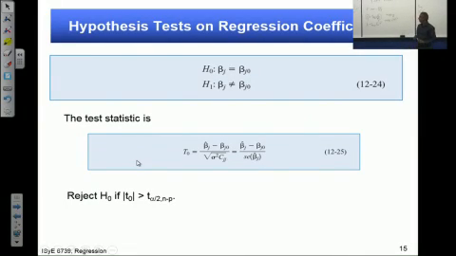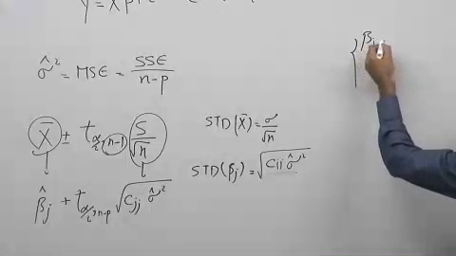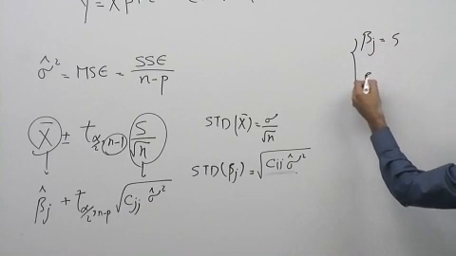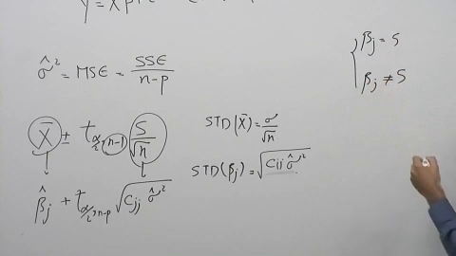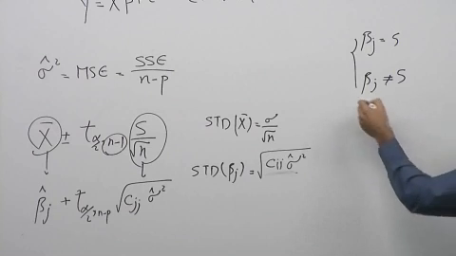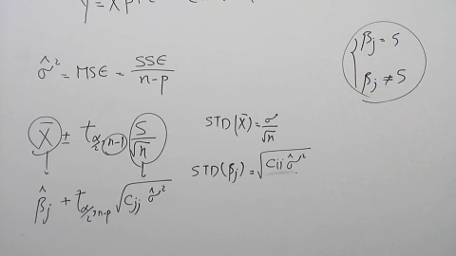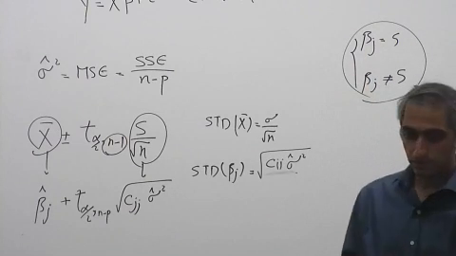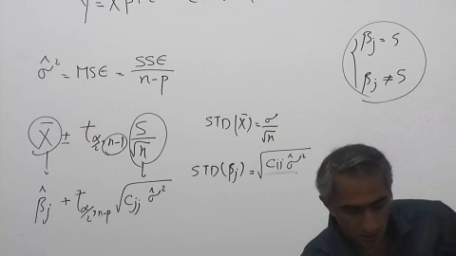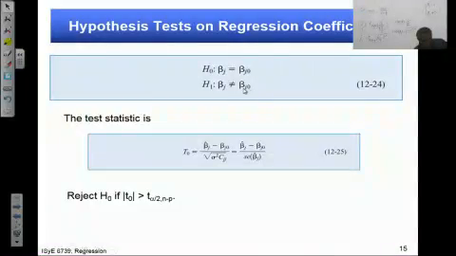Now back to your question. What if I want to do hypothesis testing? For example, whether beta j is 5 or beta j is not 5. Can I do this hypothesis testing or not?